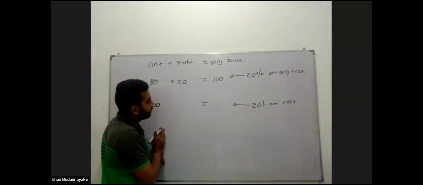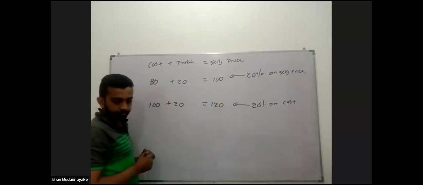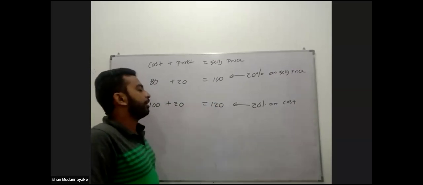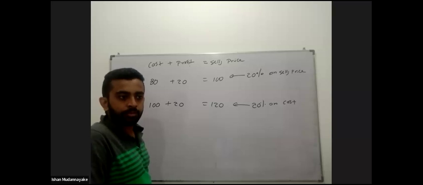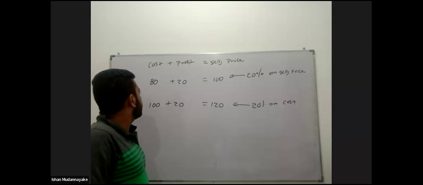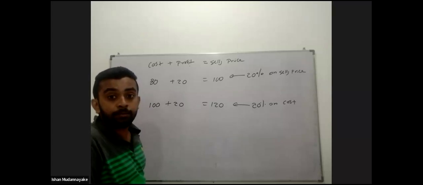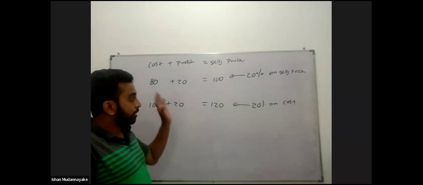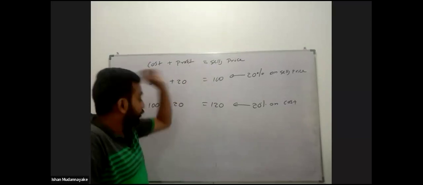Cost 100, profit 20, selling price 120. On cost means cost 100, profit 20, selling price 120. On selling price, selling price is 100. Here 10% on cost, then cost 100.